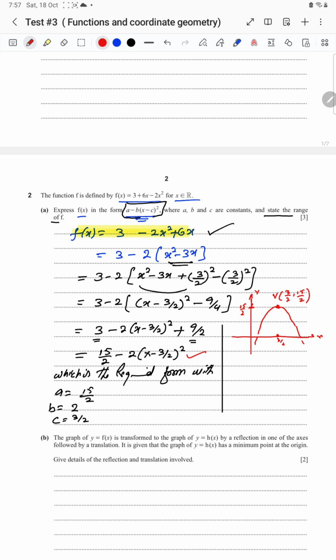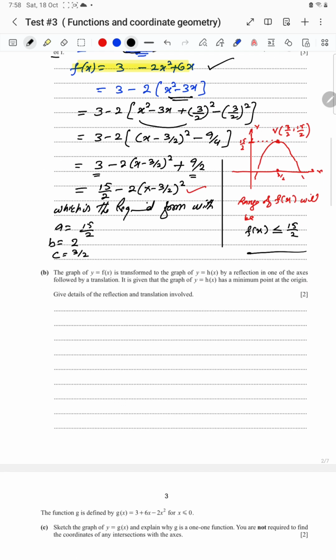The range of the function in y value is less than 15 by 2, so you can say range of f of x will be f of x is less than or equal to 15 by 2, the y coordinates. So that is the answer. I hope it is clear.